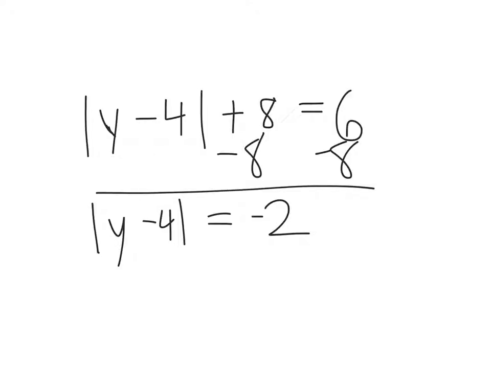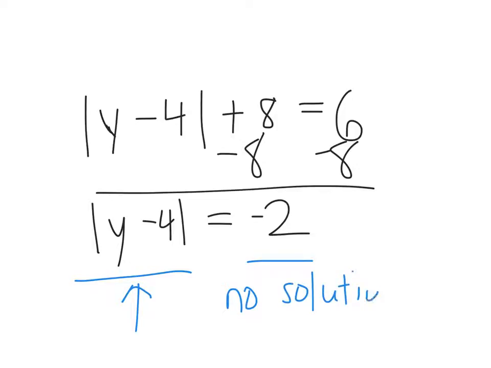If ever you get to the point where you have an absolute value expression with nothing else on it, on one side, equal to something of a negative value, that can't work because this stuff here has to have a positive value. So this is going to be one of those pesky ones that just says no solution. And that only happens when you have an expression that has an absolute value symbol around the whole thing equal to a negative value.